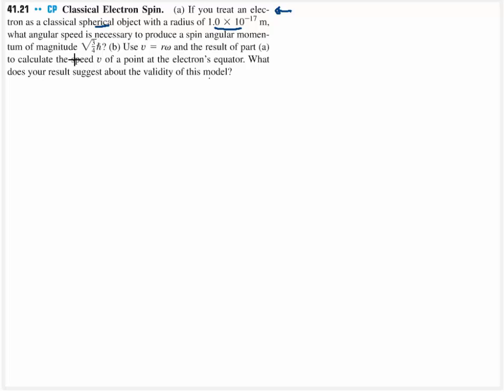So classical physics says that if we have a sphere, I is going to be 2/5 mr squared. Hope you didn't forget that. And we also know L is equal to I omega, and omega is equal to v divided by r. And so now we have all the pieces of the puzzle.